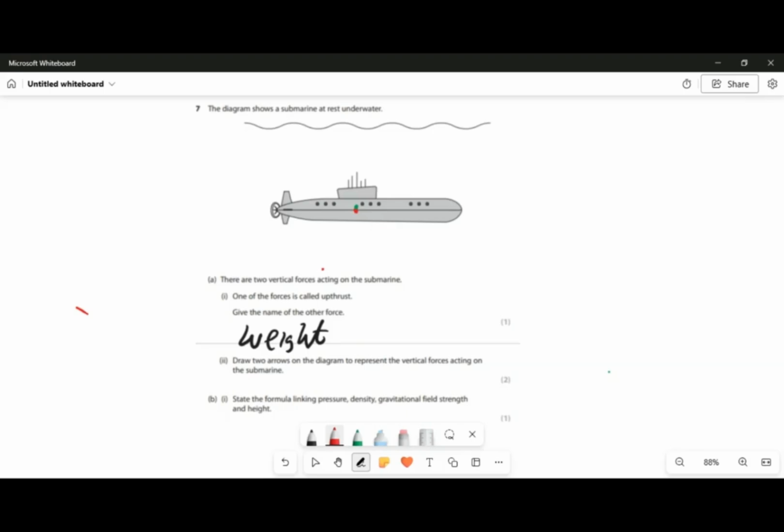So we can represent the weight by drawing a downward arrow like this. The other vertical force is the upthrust, and you know that the upthrust acts vertically upward, and we can represent upthrust with a vertical upward arrow like this.